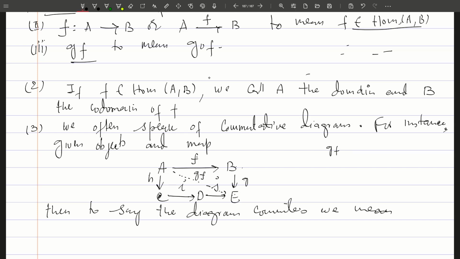One is G F, the other is the map H followed by I and followed by J.